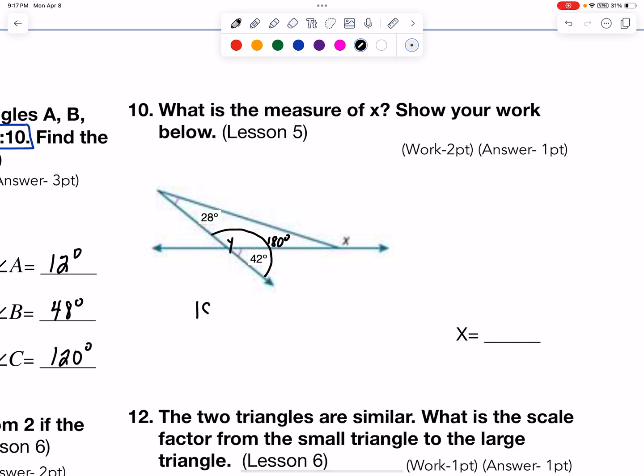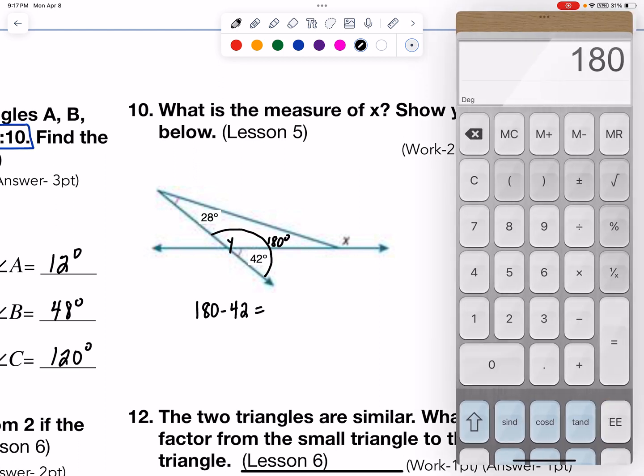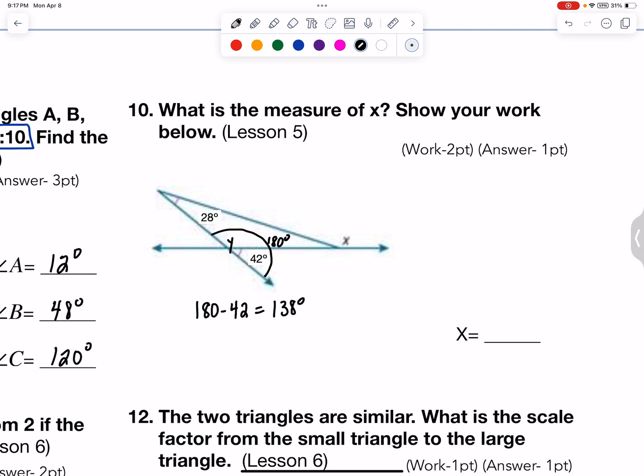So I could do 180 minus 42, okay, equals 138 degrees. So now I know that this spot right here is 138 degrees.